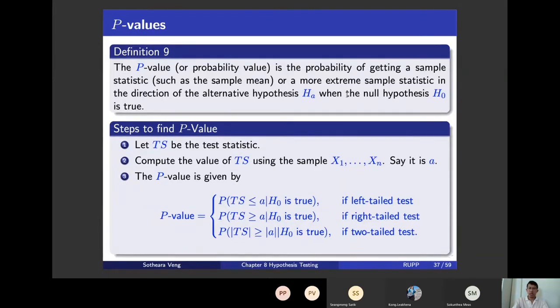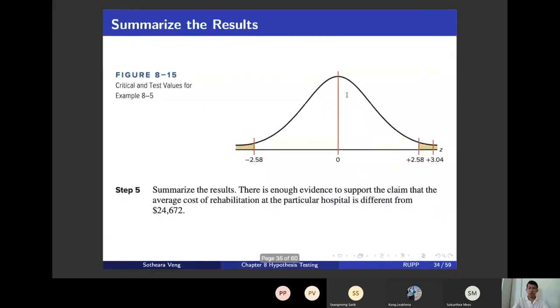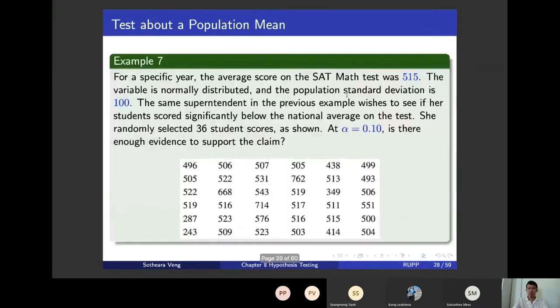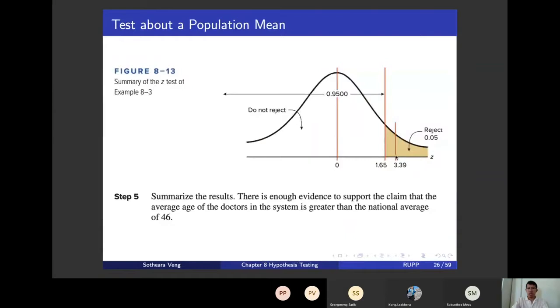Basically, if you look at this example, in this case your significance level is 0.05, and you found that the critical value is 1.65.